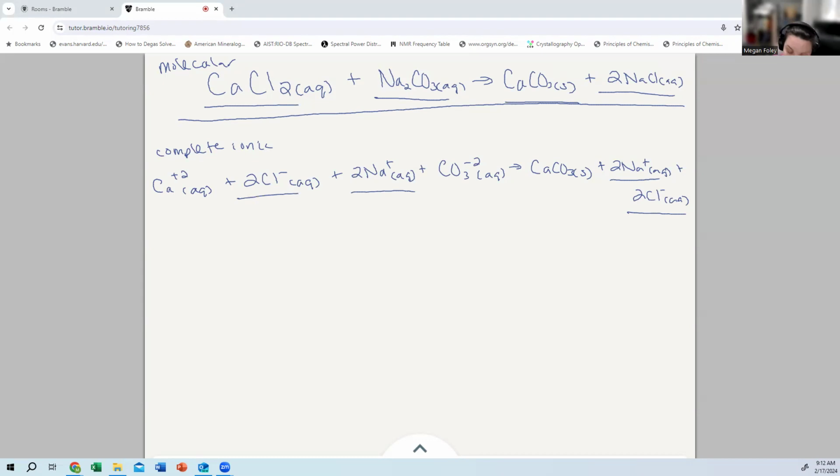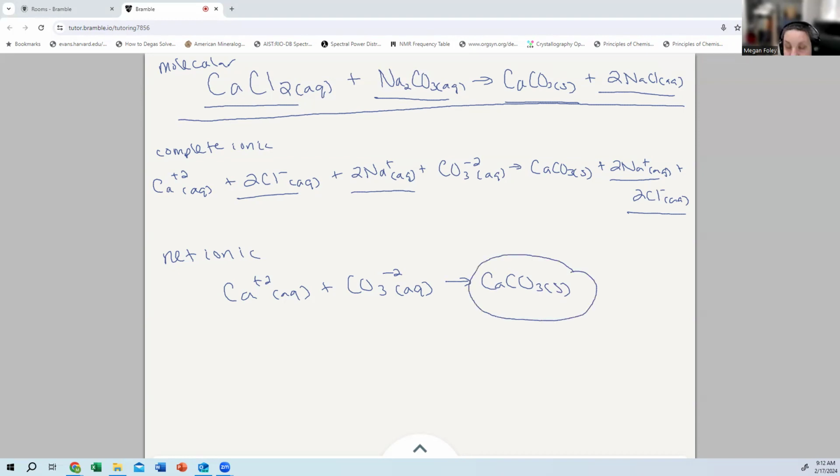They're not reacting, so they can be removed in our net ionic equation, which would just be Ca 2+ aqueous plus CO3 2 minus aqueous going to CaCO3 solid. Okay, so this is what we're doing in our problem, and we're trying to figure out how much of this product we're forming.